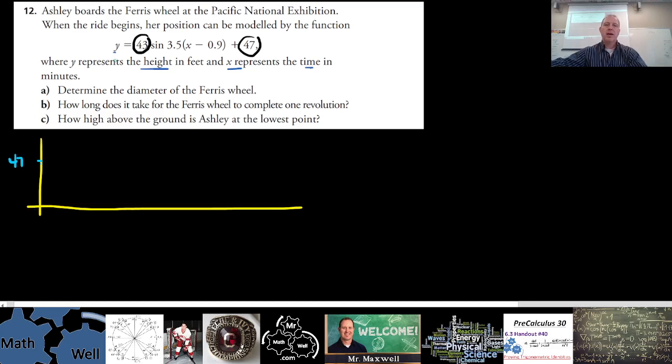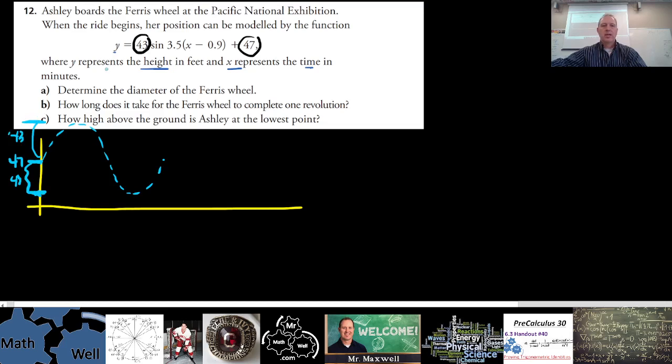Here's our midline, and so the sine graph is going to be kind of like this, right? And 43 units is going to be from the midline down to the lowest point. So that's going to be 43 units there, all right? Now, it might not start exactly here because it's been shifted a bit, but a rough sketch should say that we have a difference from the maximum height to the minimum height of 43 times 2.